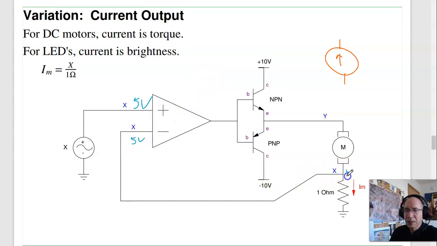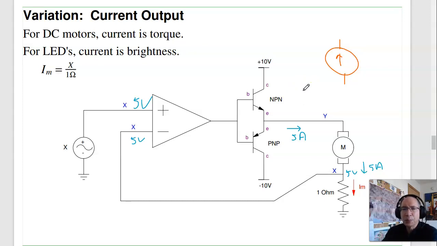And this is 5 volts. 5 volts at 1 ohm is 5 amps. That current comes from over here. This is 5 amps. So 5 volts means 5 amps. Minus 5 volts means minus 5 amps. That's a current source, or voltage-controlled current source.